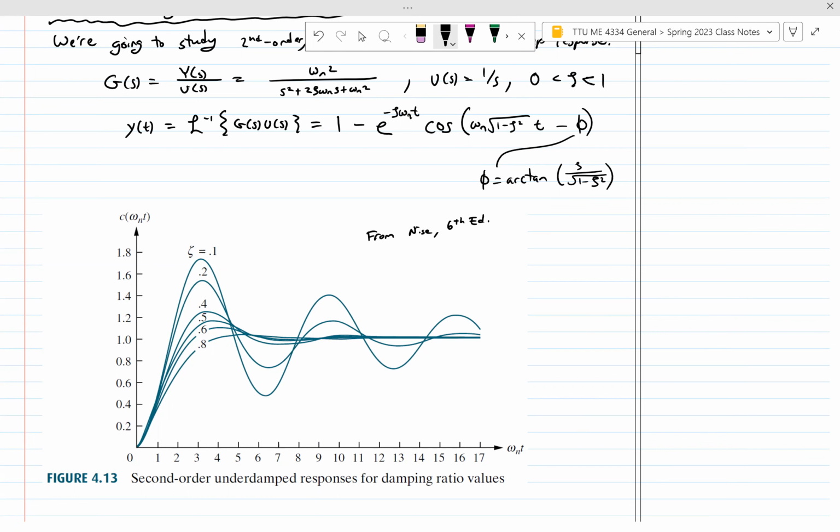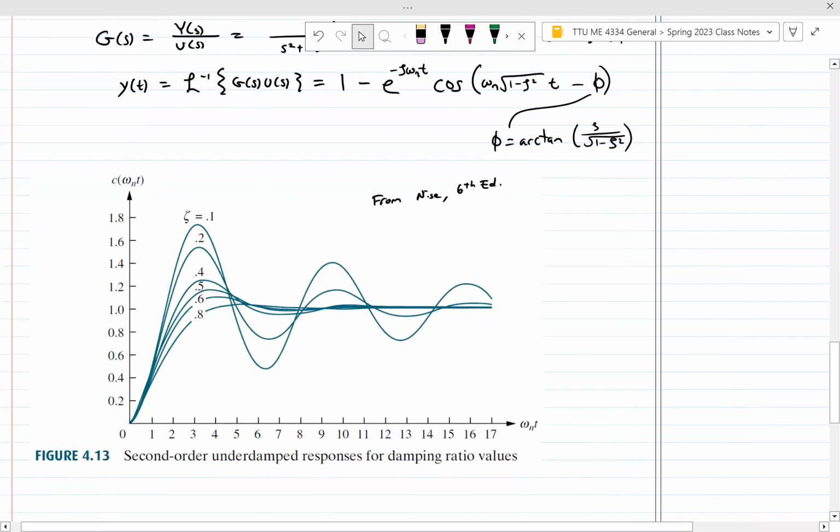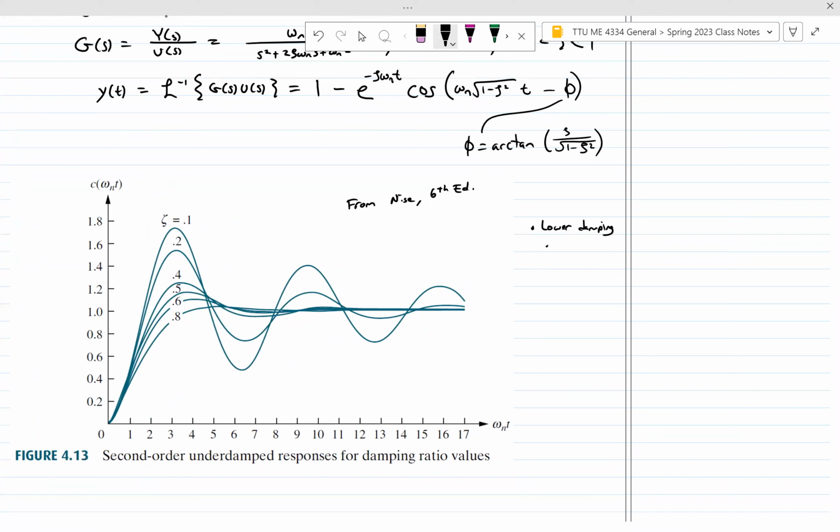So with that zeta value that we have, let's look at a pattern of how zeta's value impacts this system. So what happens when we have a lower damping ratio? What can you guys glean from that?